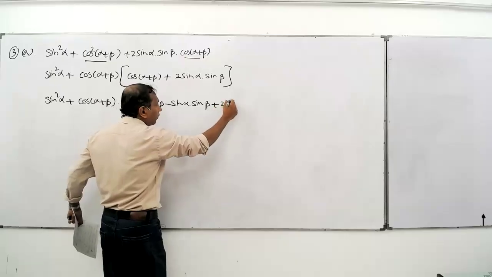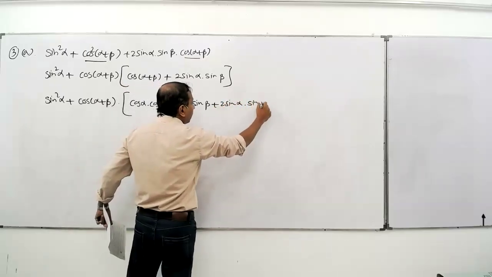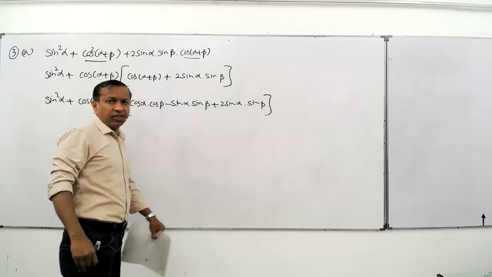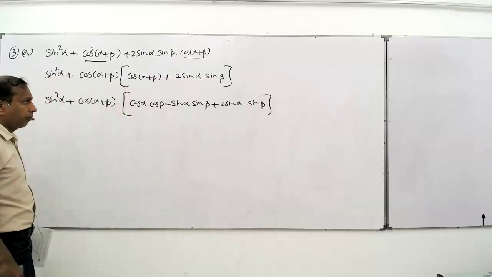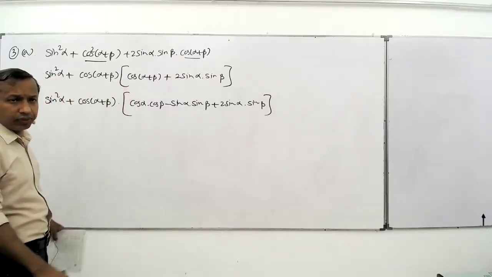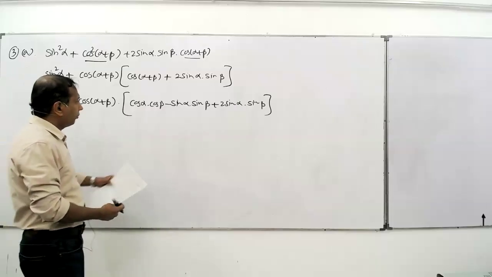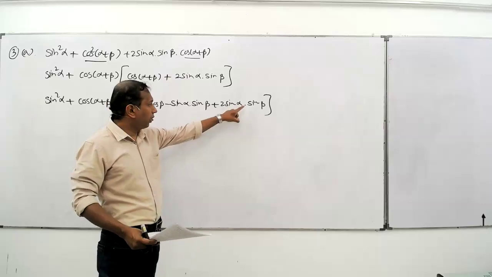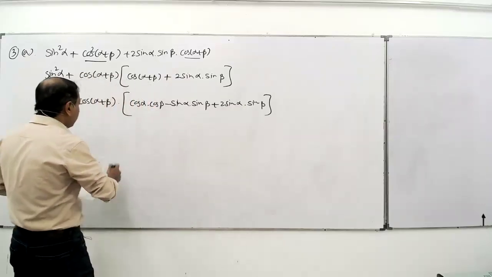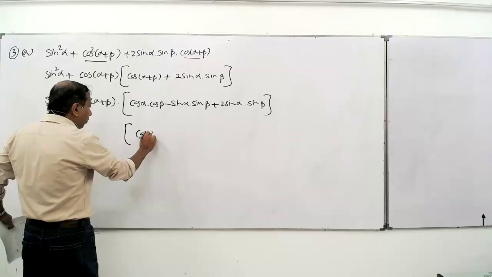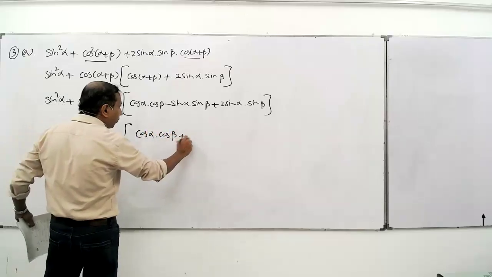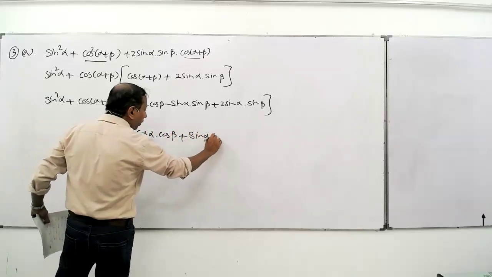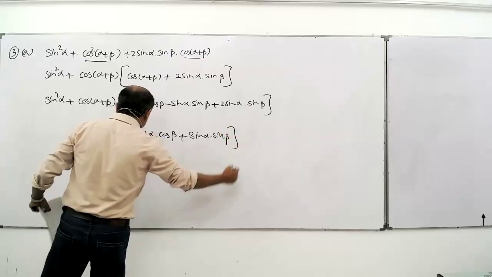Write it down, people. You need to take the sketch only. Again, do it as homework. So now here, minus 2 sine alpha sine beta, and this we can simplify. Here we get cos alpha cos beta plus sine alpha sine beta.